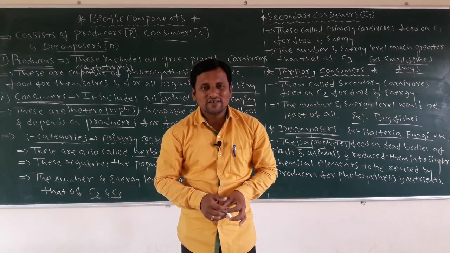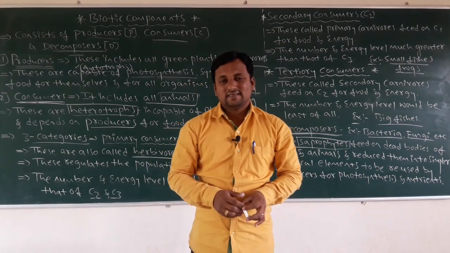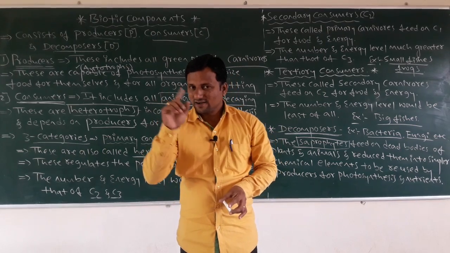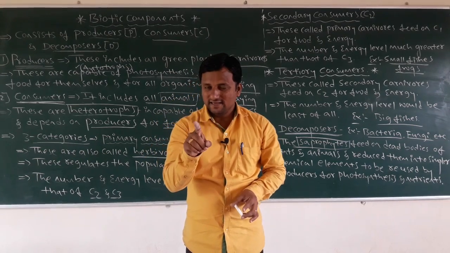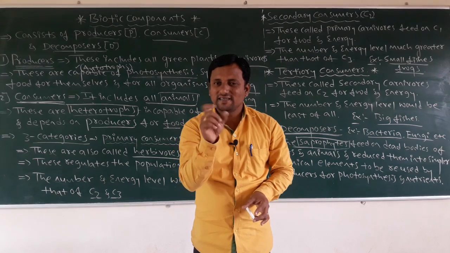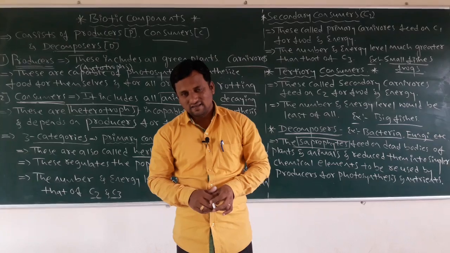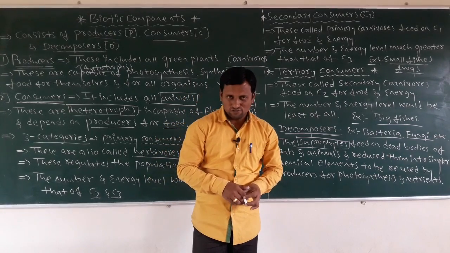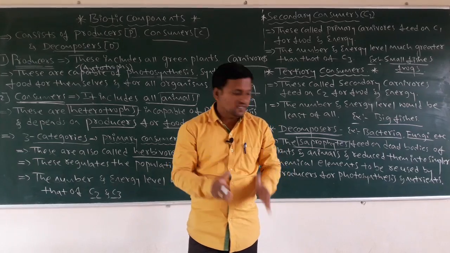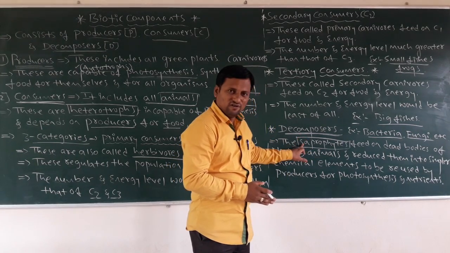This term was coined by the scientist E. Haeckel, who gave the definition of how organisms are interrelated with atmospheric conditions together. So this is the idea and concept about the decomposers, which are also nothing but saprophytes.